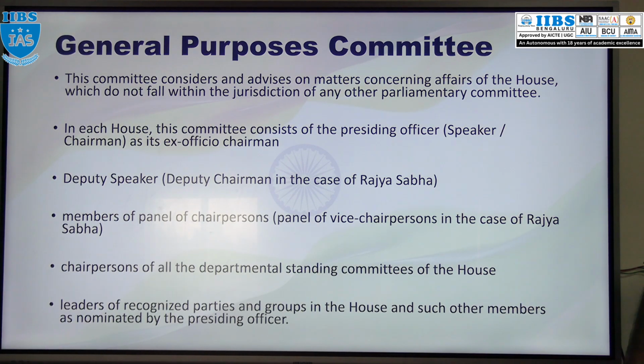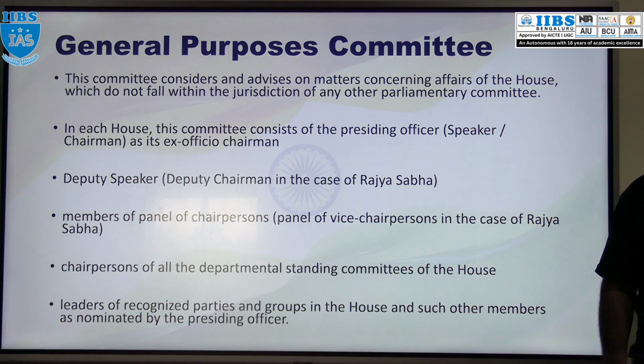Okay, so those are the members of this committee. General Purpose Committee members are actually more. Why? Because whatever matter does not fall in any parliamentary committee will be taken up by this committee. That is the reason why it has a lot of members.